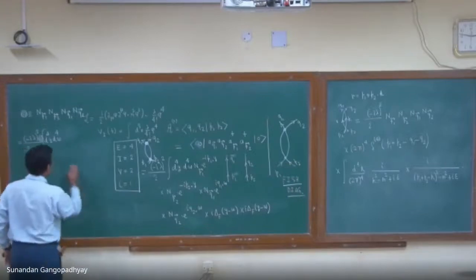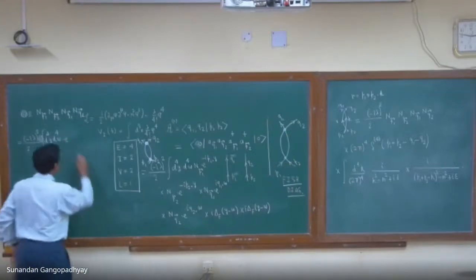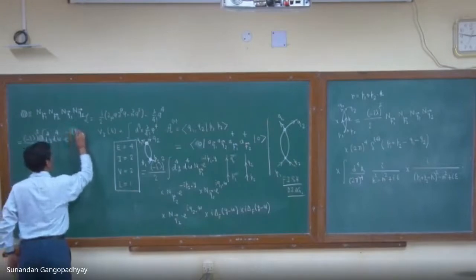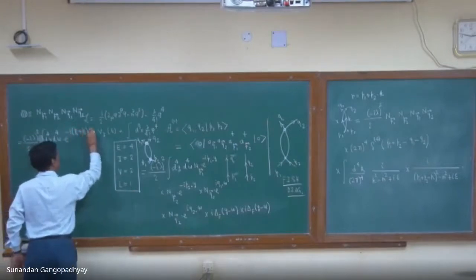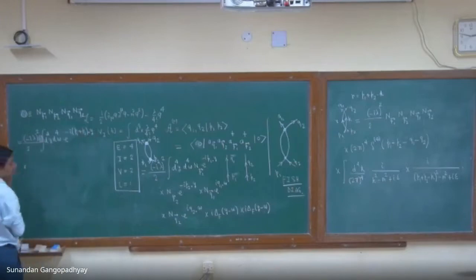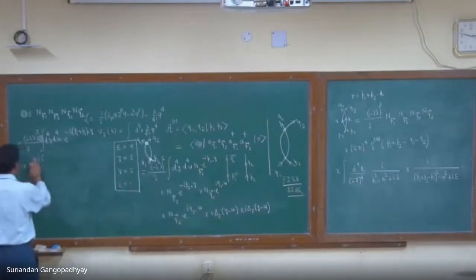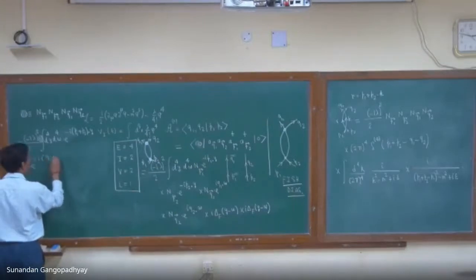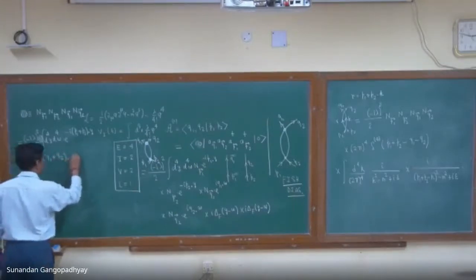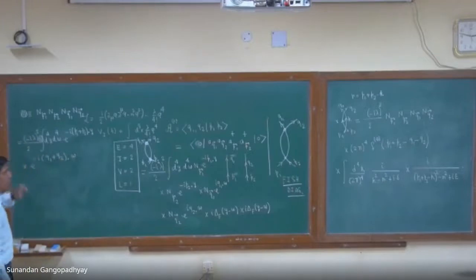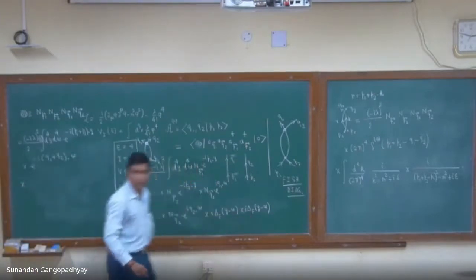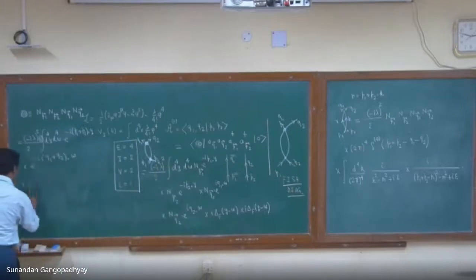Then we have e to the power of minus i (p1 plus p2) dot y, times e to the power of plus i (q1 plus q2) dot w. And then we have the propagators. What we shall now do is Fourier transform the propagators. We have two Feynman propagators, so we shall write the Fourier transforms of these.